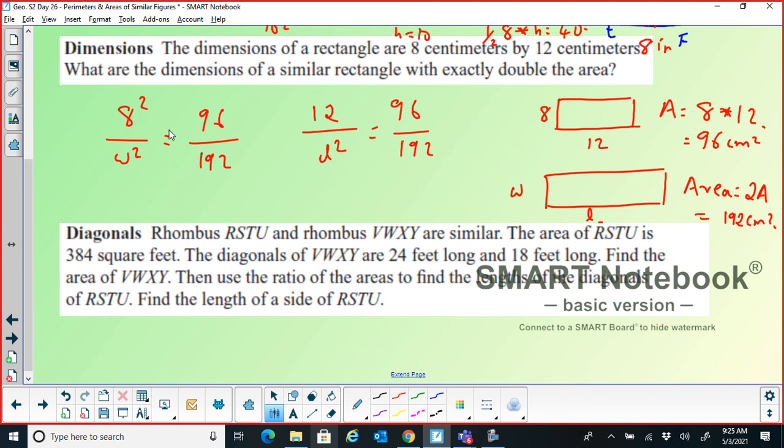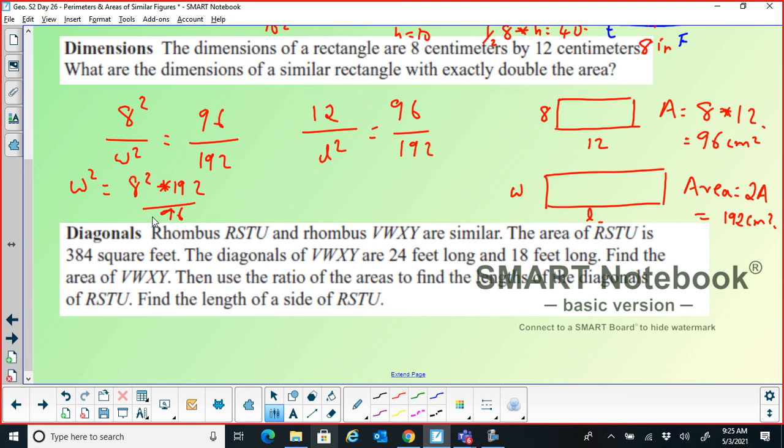If we do one of them, we can use the area formula and find the length. Okay, we will cross verify. First let's find the W squared. So here W squared is nothing but cross multiplying 8 squared times 192 divided by 96. This is what you will get once you rearrange and cross multiply.